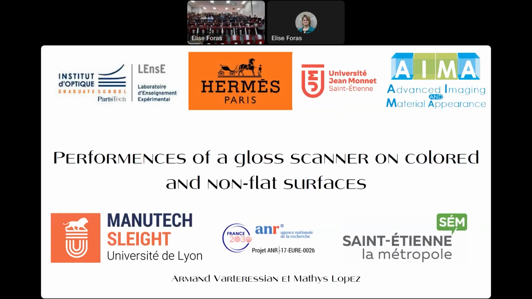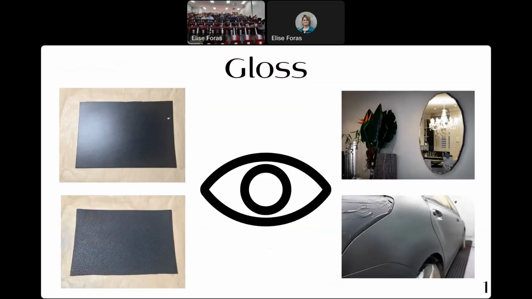And so for the last 2 months, we've studied the performances of a gloss scanner on colored and non-flat surfaces. So first of all, it would be cool to define what gloss is. Gloss is a sensation of the eye, which detects how surfaces react to light, how they reflect light.